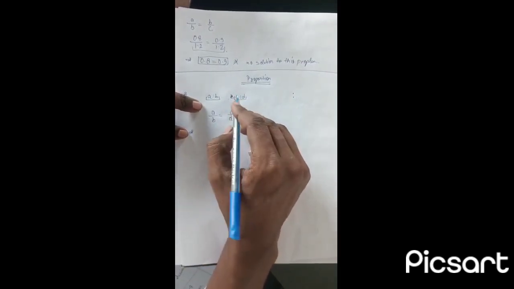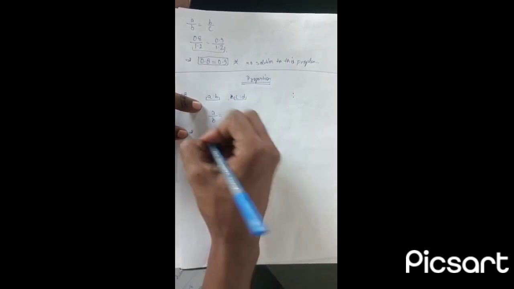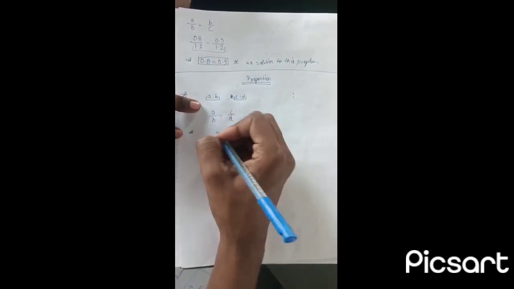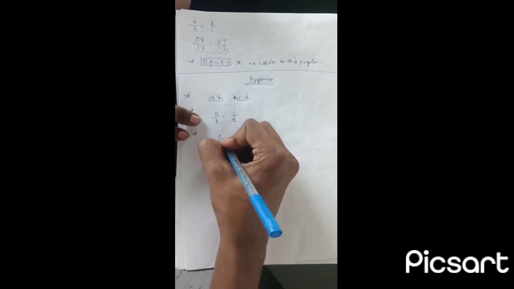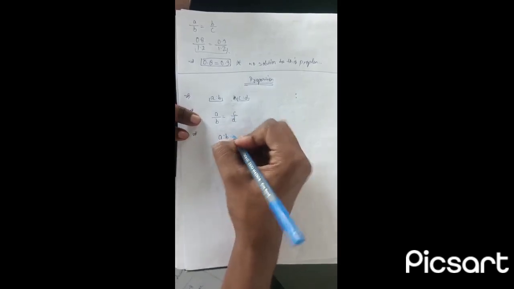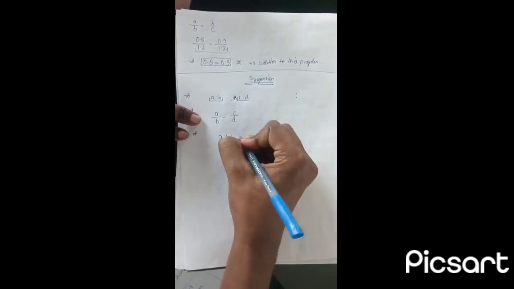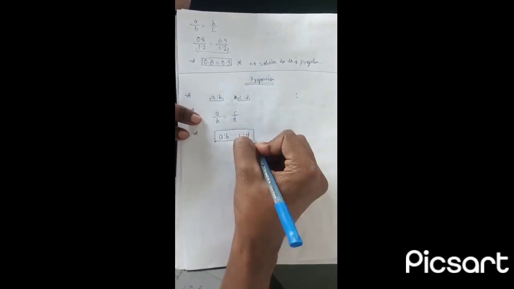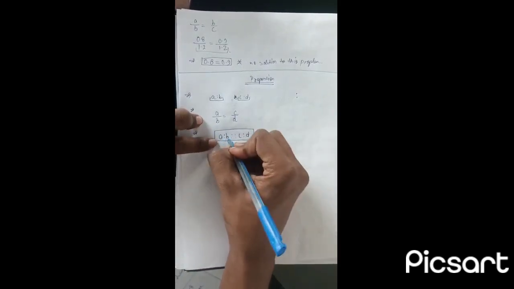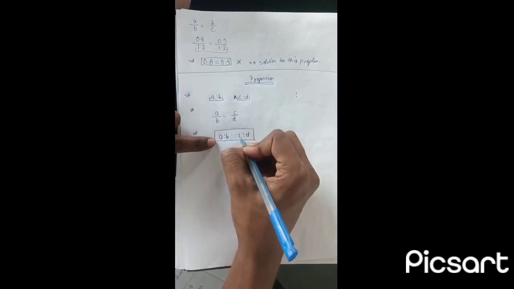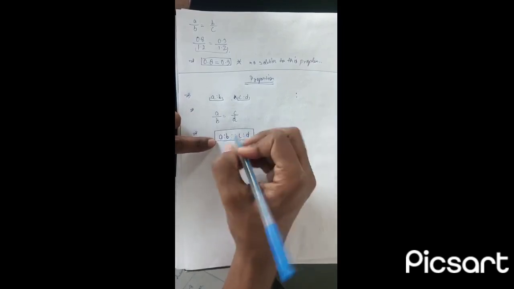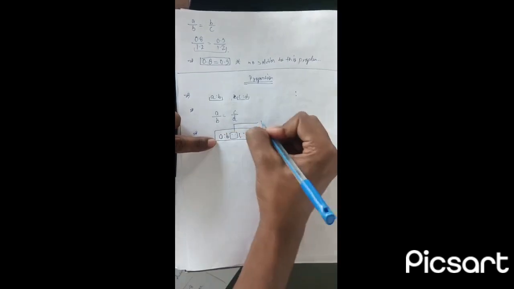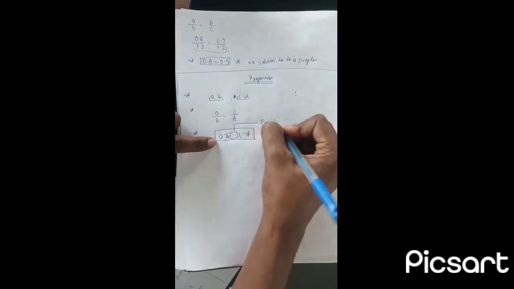I know you may not understand, so I'm telling it again. Suppose it is written like this, A is to B, then this statement says that the A is to B ratio is directly equal to the C is to D ratio. This sign you are looking at is only the sign of proportion.